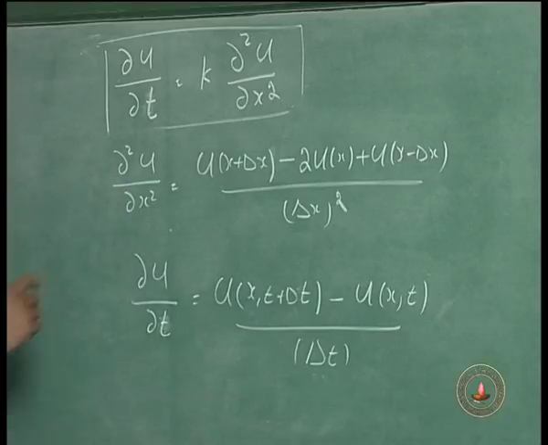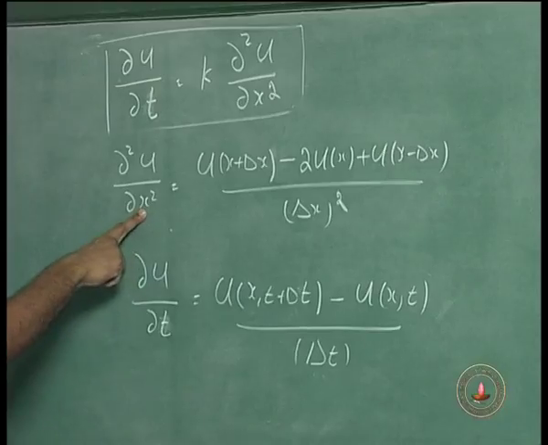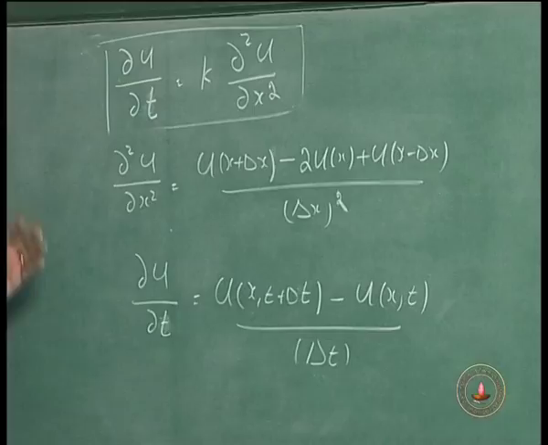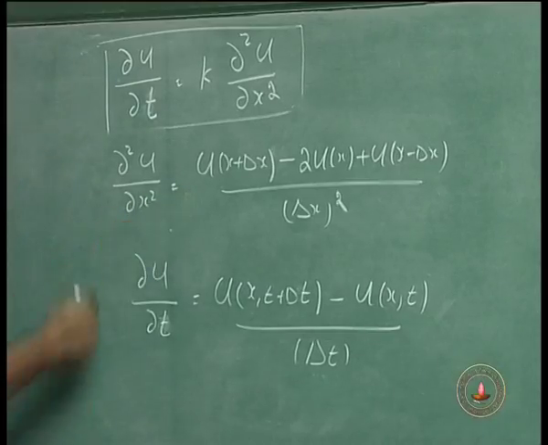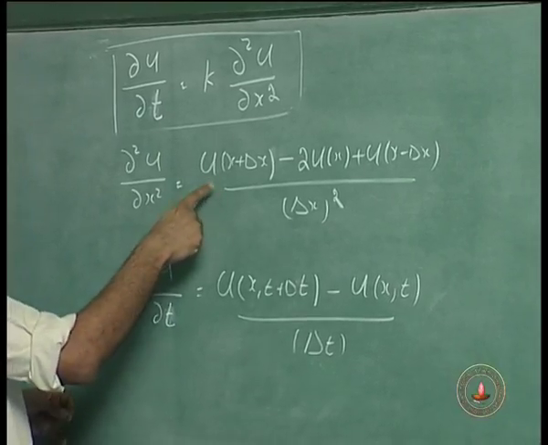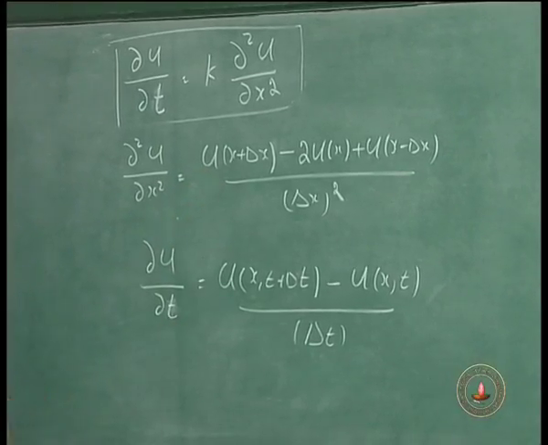So what I am saying is that you can actually evaluate this derivative at either t or at t plus delta t. That leads to two different methods. If I evaluate this at t, I would call that an explicit method, and if I evaluate this derivative at time t plus delta t, I call that an implicit method. So these are two methods which we should be looking at today.